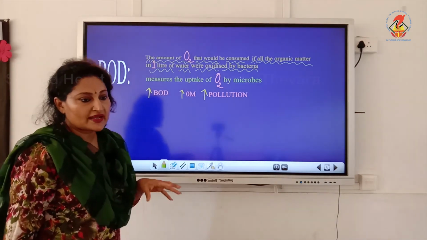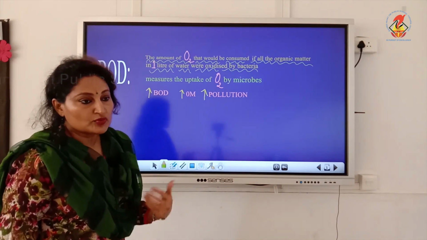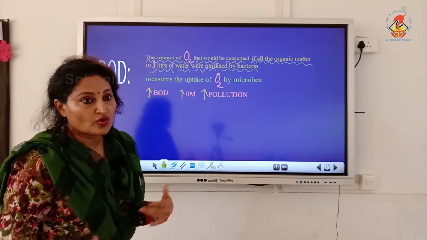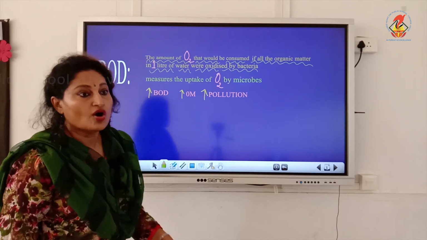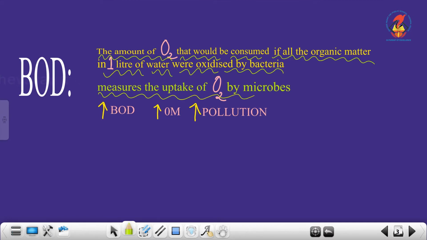The purpose of the bacteria in the water is to utilize the organic matter. In the process of utilizing the organic matter, what is taken up by the bacteria? Oxygen is taken up. So, it is also a measure of the uptake of oxygen by the microbes, and also an indication if there is a lot of organic matter.